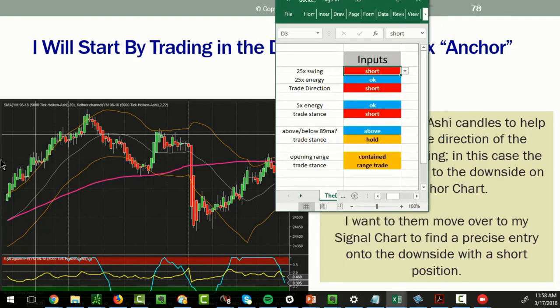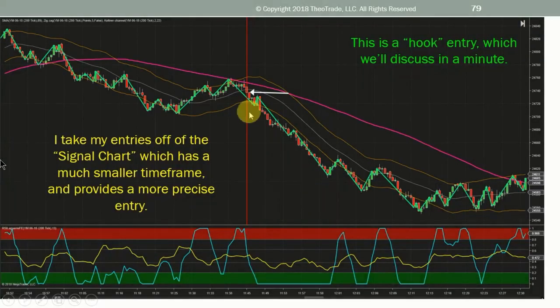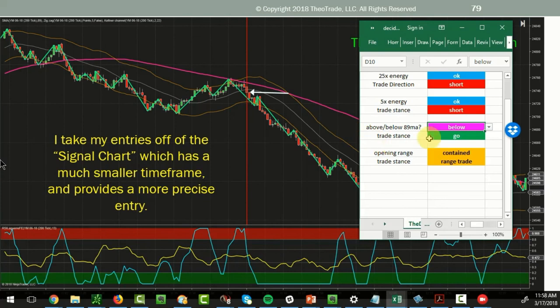Okay, so now we move down to the 1x, the signal chart. How's the energy on this guy? It looks pretty good. Let's wait for the hook on this. Are we above or below the 89? We are below the 89 moving average, which is the pink line there. So the trade stance is all systems go.